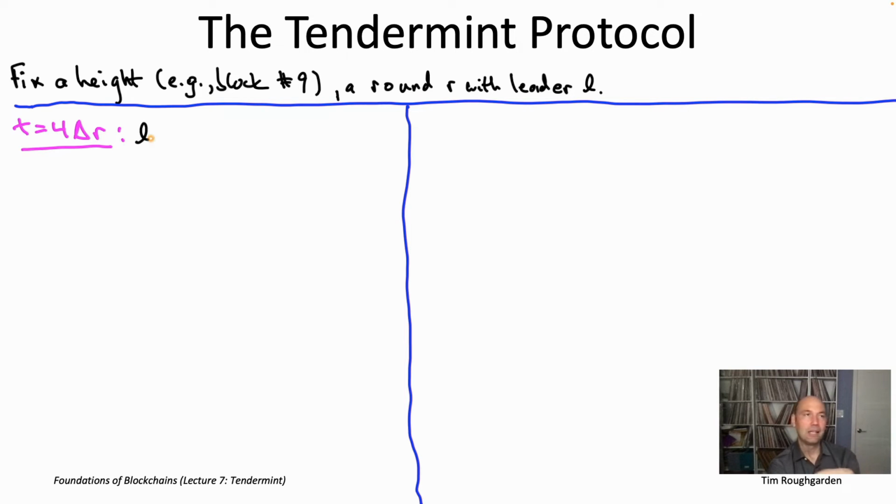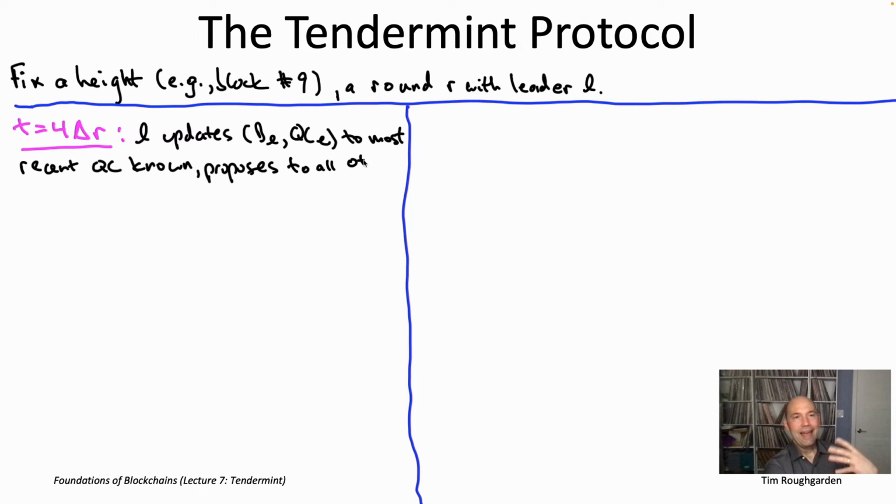Most recent meaning most recent round, breaking ties within a round for the most recent stage. And if the leader node L has perhaps quite recently heard about some quorum certificate newer than the value of its local variable, at this point it updates the value of its local variables. So it looks at the most recent QC that it ever heard about for the current block, for block number 9. It updates its local variables, and that's the proposal it makes to all of the other nodes.